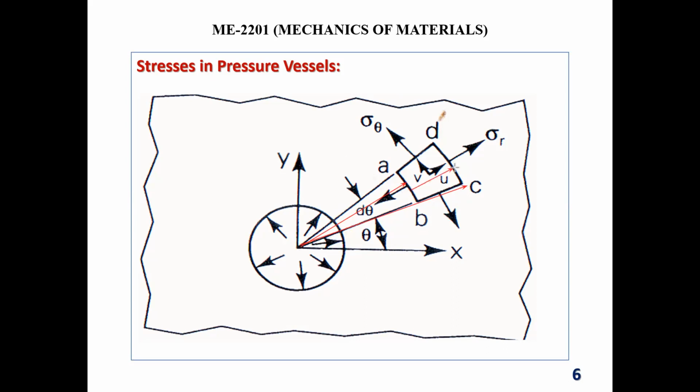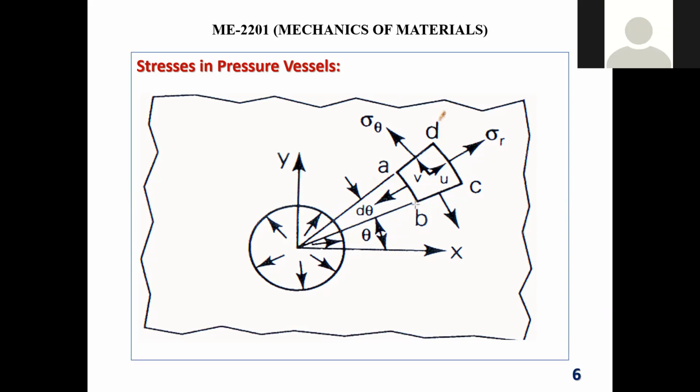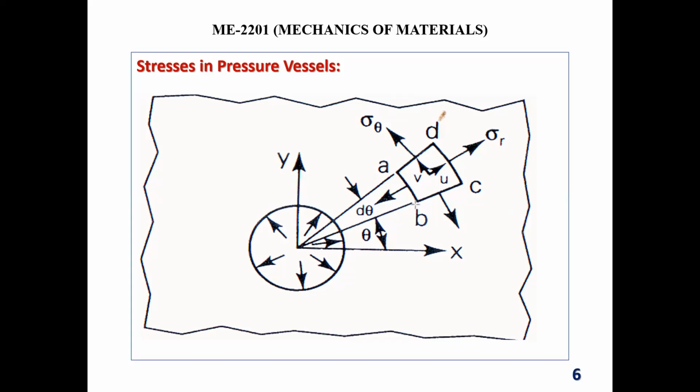Then this portion has some thickness, and I would like to figure out what type of stress might be there. Obviously there will be stress along the radial direction. That means the radial stress tries to make the diameter of the hole bigger. That means sigma r will work along this direction. Okay, 1 second.